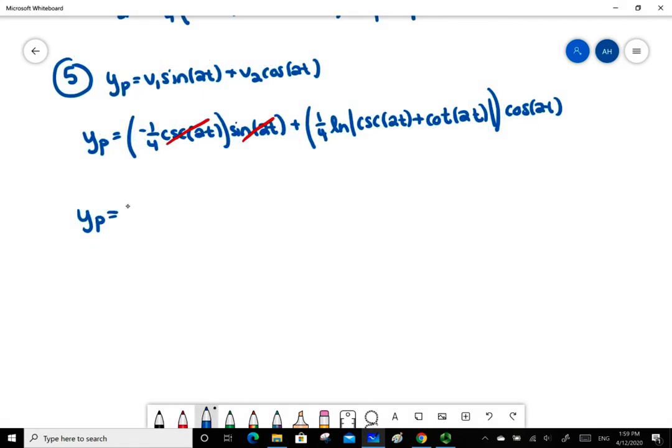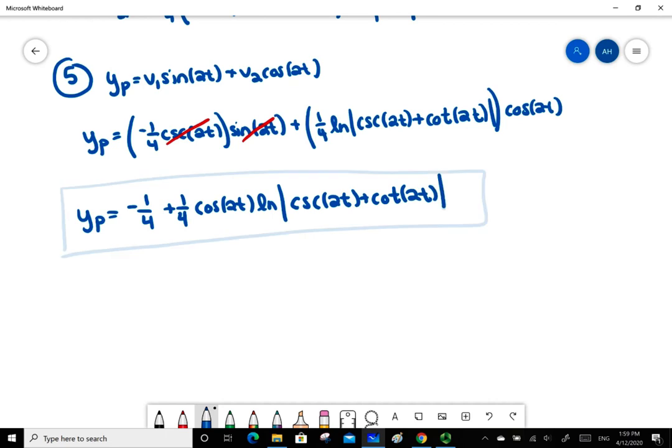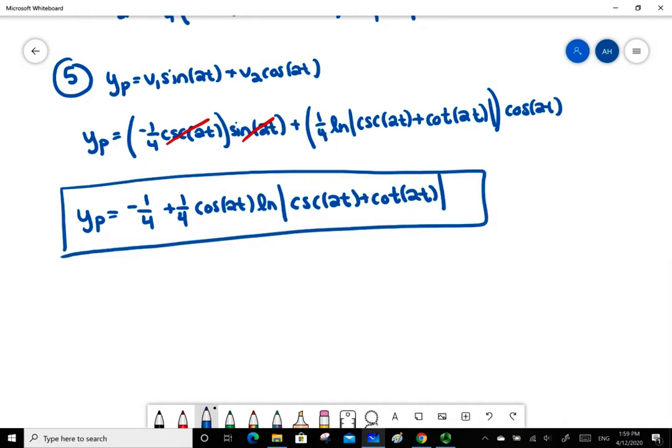So yp = -1/4 + 1/4 cos(2t) ln|csc(2t) + cot(2t)|. Since the problem only asked for a particular solution, we're done.